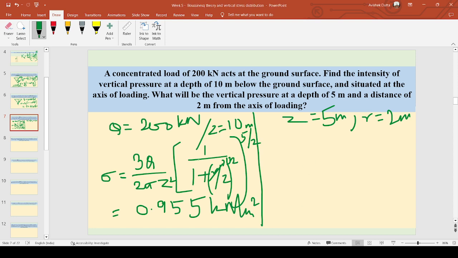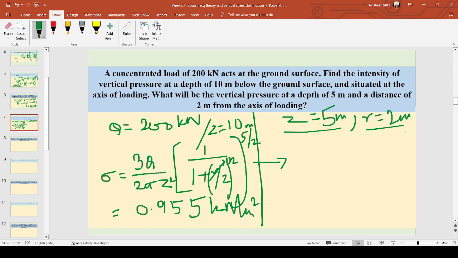Now this same equation we will be putting over here. In this case, Z will be 5 and R will be 2 meter. At a distance of 5 meter below the ground surface and a radial distance of 2 meter from the loading axis.